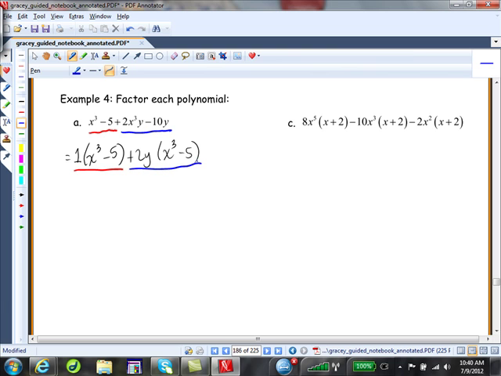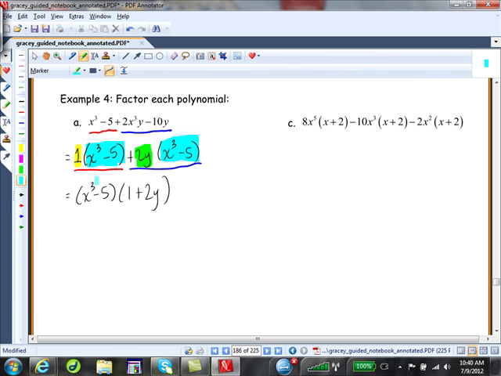So here we go. Our common binomial factor is the x cubed minus 5. This is my b, and this is my c. So then we'll get x cubed minus 5 times 1 plus 2y.